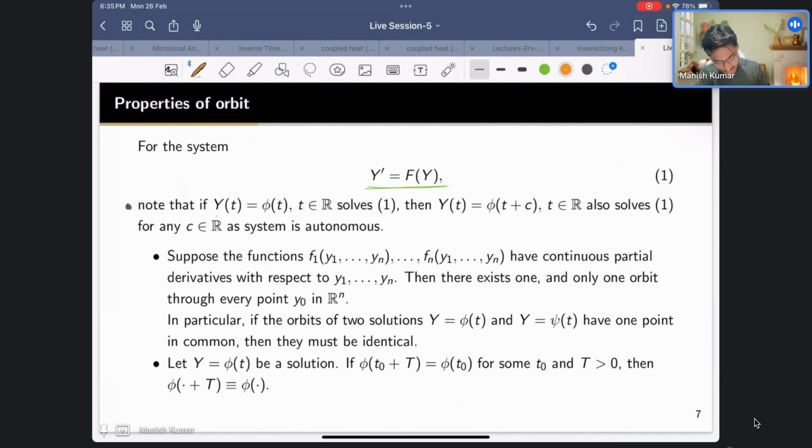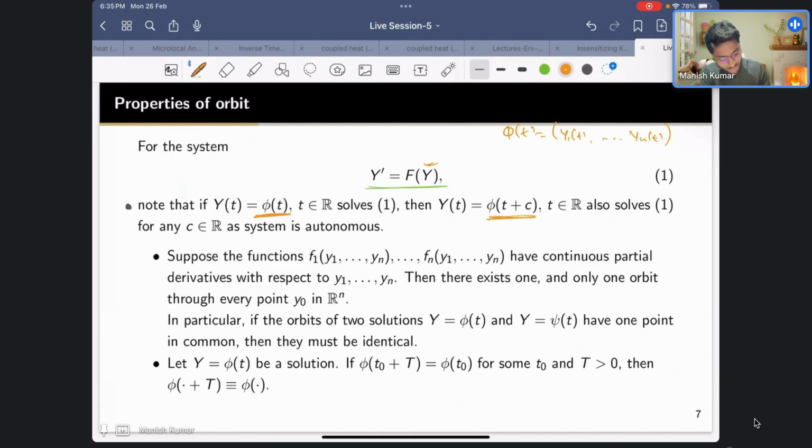So here what it says is that suppose phi t is a solution of this system, where phi t is y1 of t up to yn of t. Then phi of t plus c will also solve the system, just because there is no involvement of t here, since it is an autonomous system.